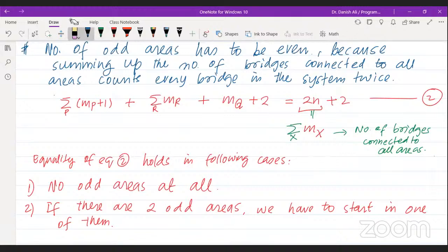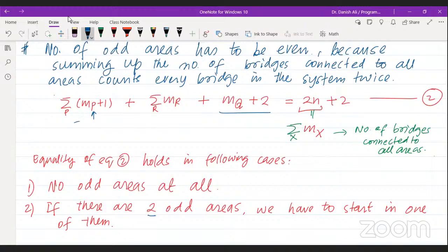So what is the problem? You have this plus 2, mq plus 2, because you have two odd areas, and each odd area gives mp plus 1, so you have 1 plus 1, 2 here as well. So summation mps, we have two times the odd numbers.